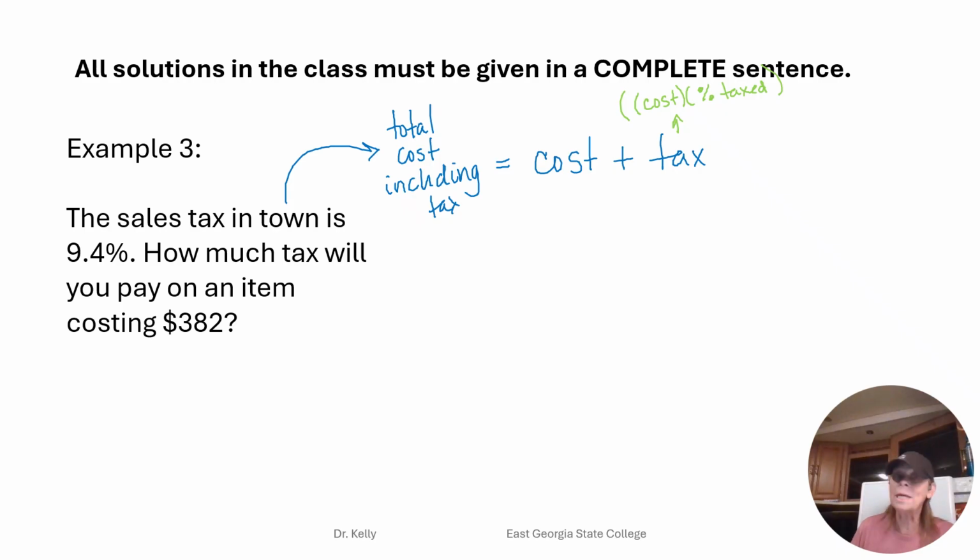Now remember, we can't work any of these problems when we're still dealing with percentages, but just for the way that I'm writing it here, so we can think about it. So we're going to take cost plus the percentage of the cost and add those two together, and that's going to give us our total here.